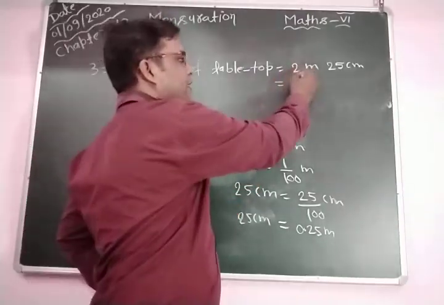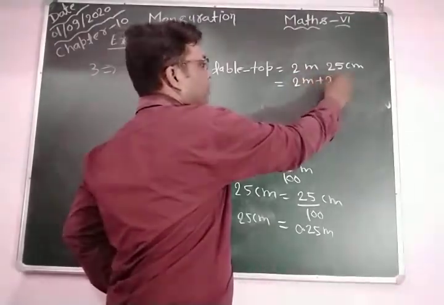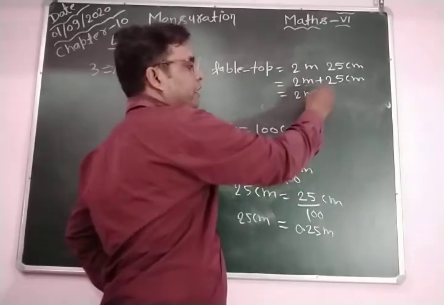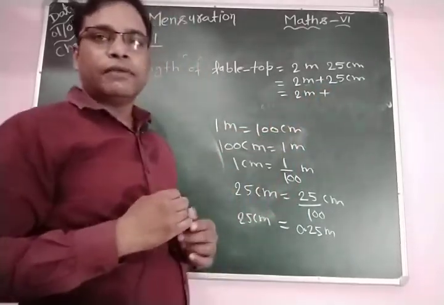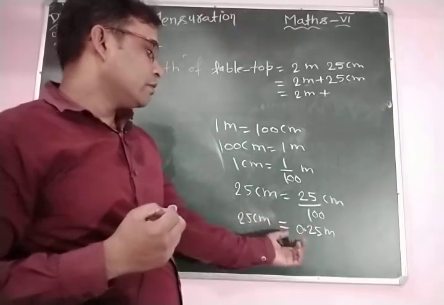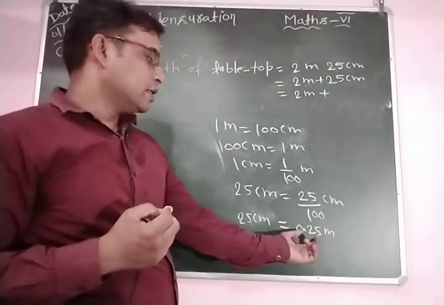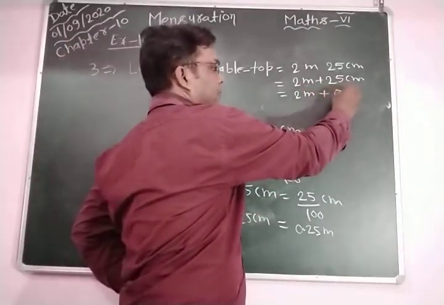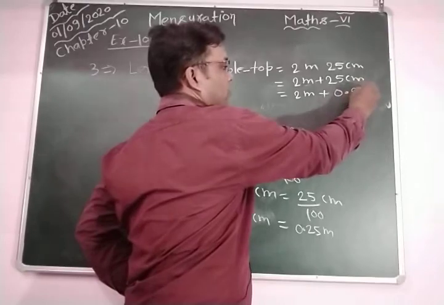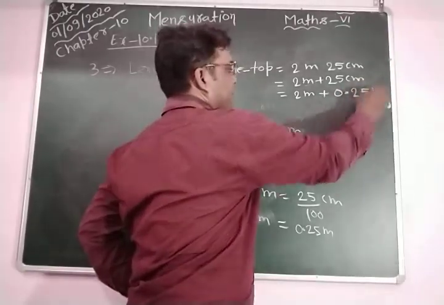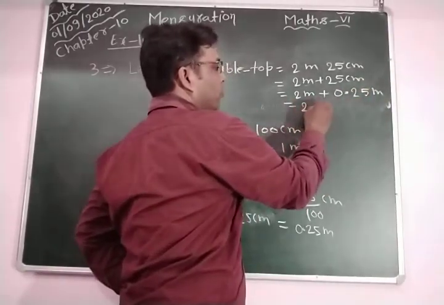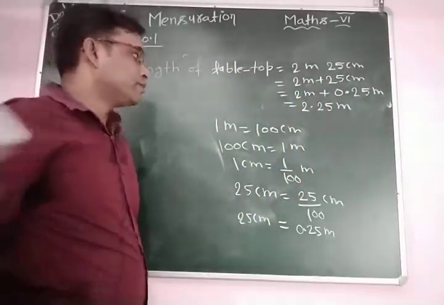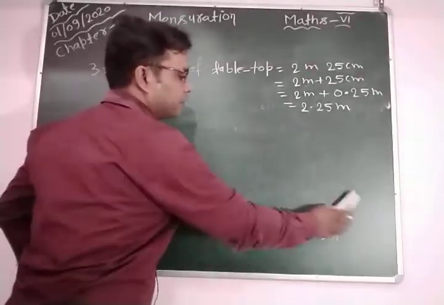So we can write 2 meter plus 25 centimeter, where 2 meter we write as it is, and in place of 25 centimeter we write 0.25 meter. So this is equal to 2.25 meters.